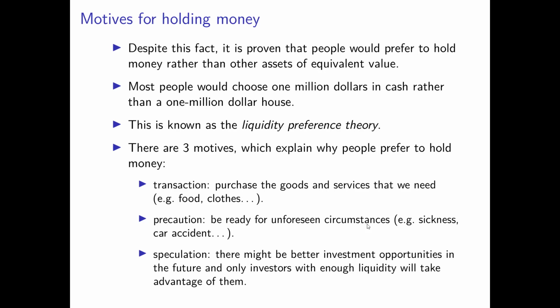So what they want to do is wait for that better opportunity. They can invest a little bit of their cash right now in the present opportunity, but they will keep some for the future. So for that reason, they want to hold some cash rather than a $1 million house. So these are the three motives that make up the liquidity preference theory.